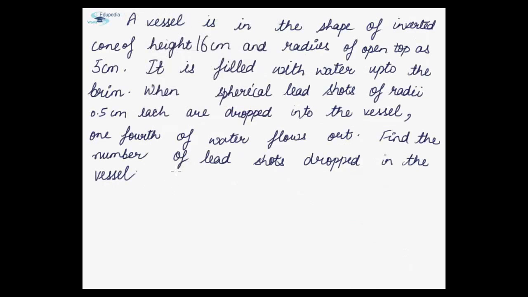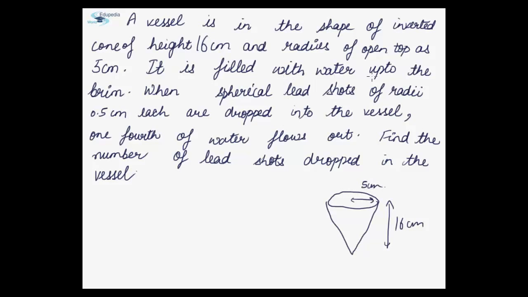Now moving on to the last question of this video, the statement says a vessel is in the shape of an inverted cone. We have a vessel in the shape of an inverted cone of height 16 centimeters and radius of open top. This top is open and its radius is 5 centimeters.